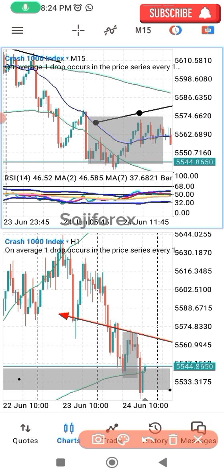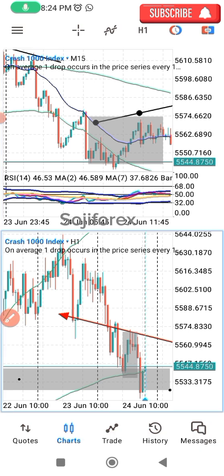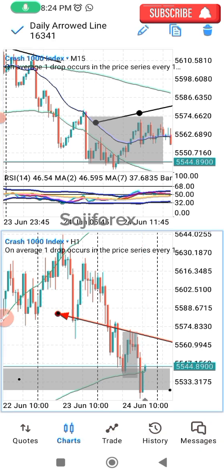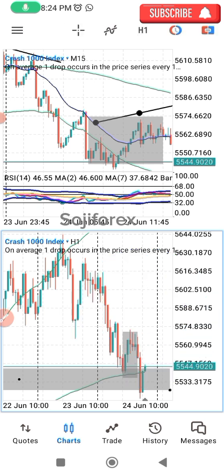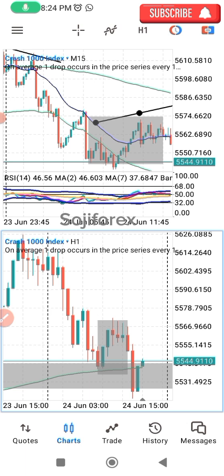But presently what we are having now is a real scenario of how it ought to be, in the sense that price has tapped into that zone and price is right in the zone. And what is happening now, we already have a rejection of this particular candle.